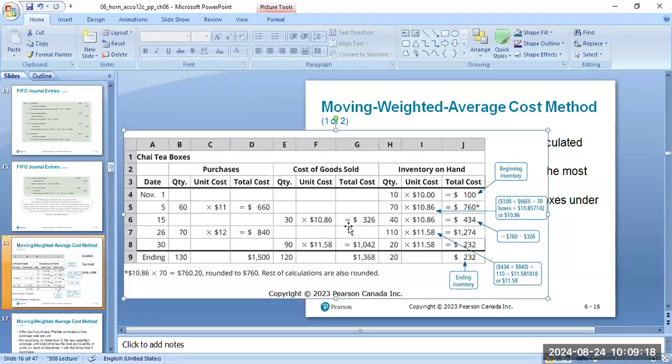Now we're going to do the first sales of 30 units, and we're going to have 40 units available. Those 40 units are going to come with the cost of the last calculation, the weighted moving average cost.